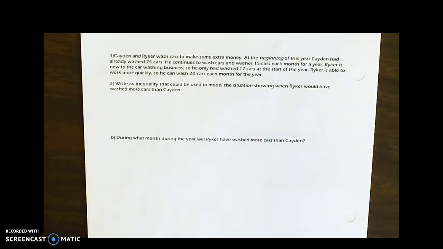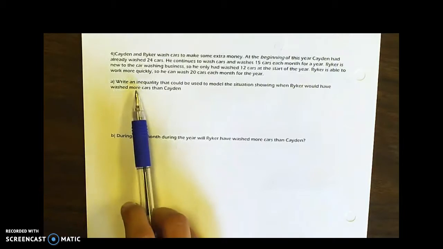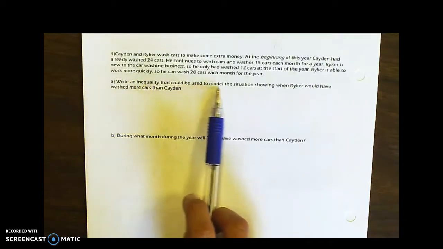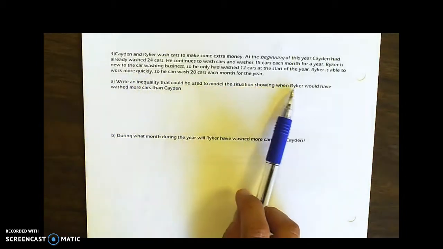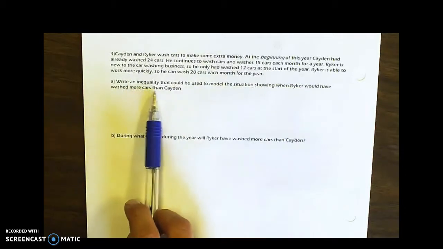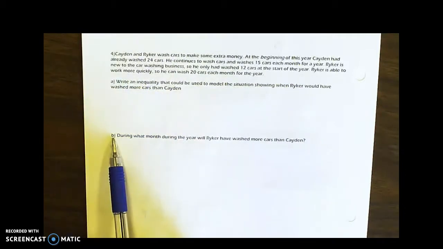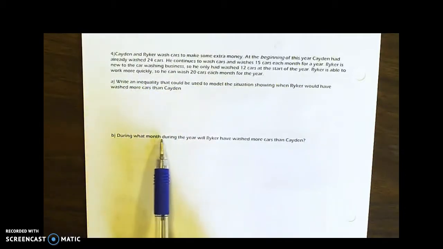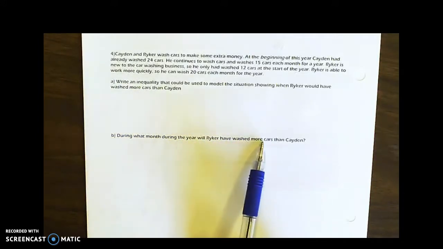Riker is able to work more quickly, so he can wash 20 cars each month for the year. So A, write an inequality that could be used to model the situation showing when Riker would have washed more cars than Caden. And B, during what month during the year will Riker have washed more cars than Caden?